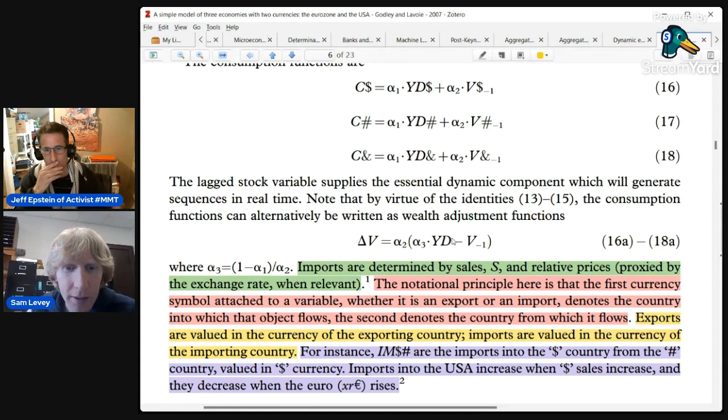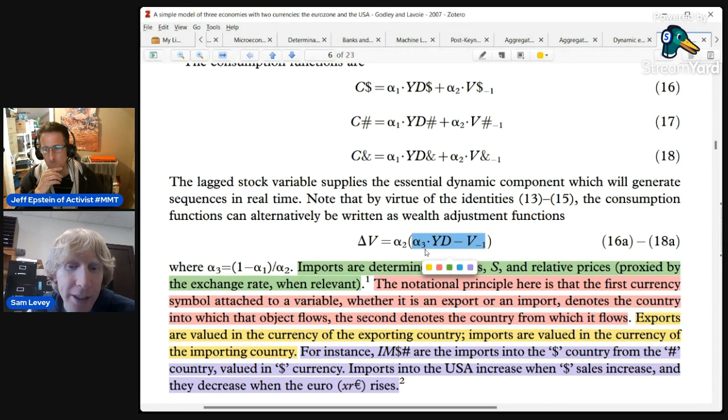Yeah. So it's like, here's your target level of wealth, and here's your actual level of wealth. And so this whole expression in the parentheses is how far away you are from your target, right? So maybe your disposable income is $100, and you would like to have 2 times your income saved.